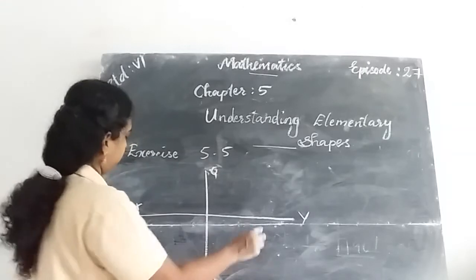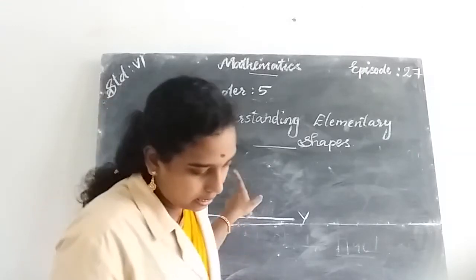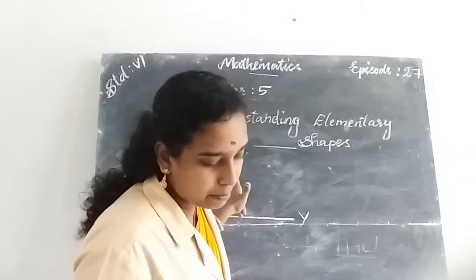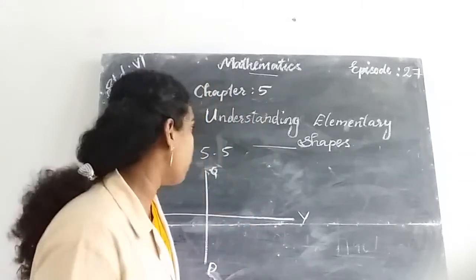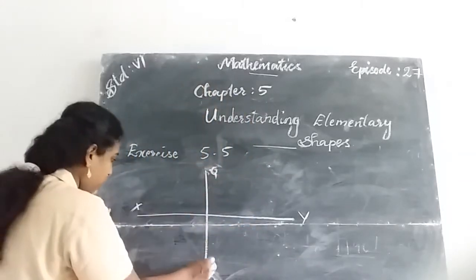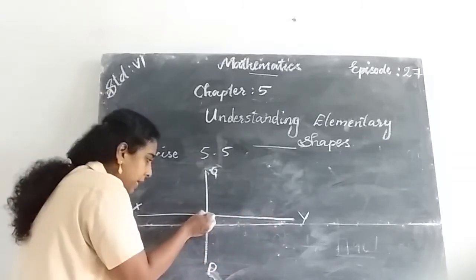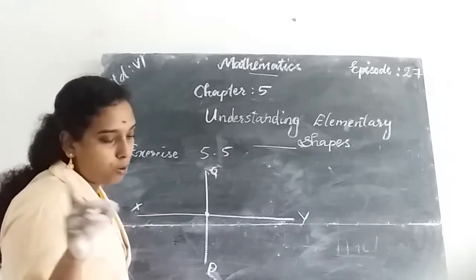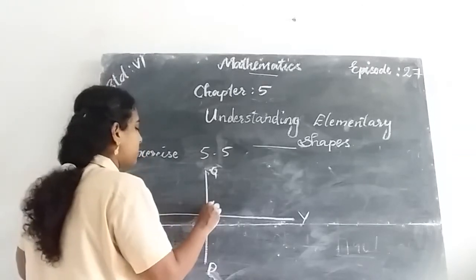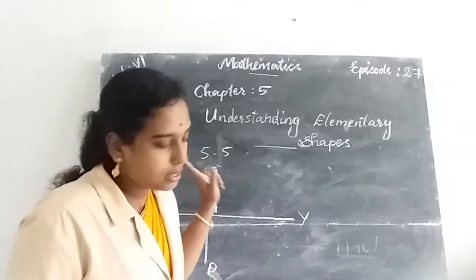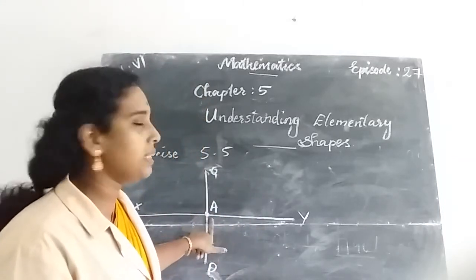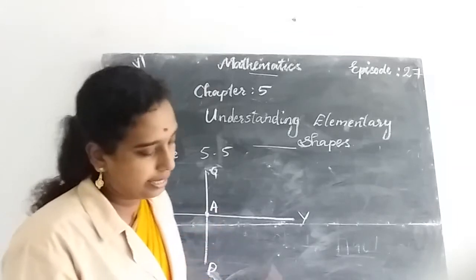The line segments meet at this point, and the point is named A, because PQ and XY intersect at the point A.